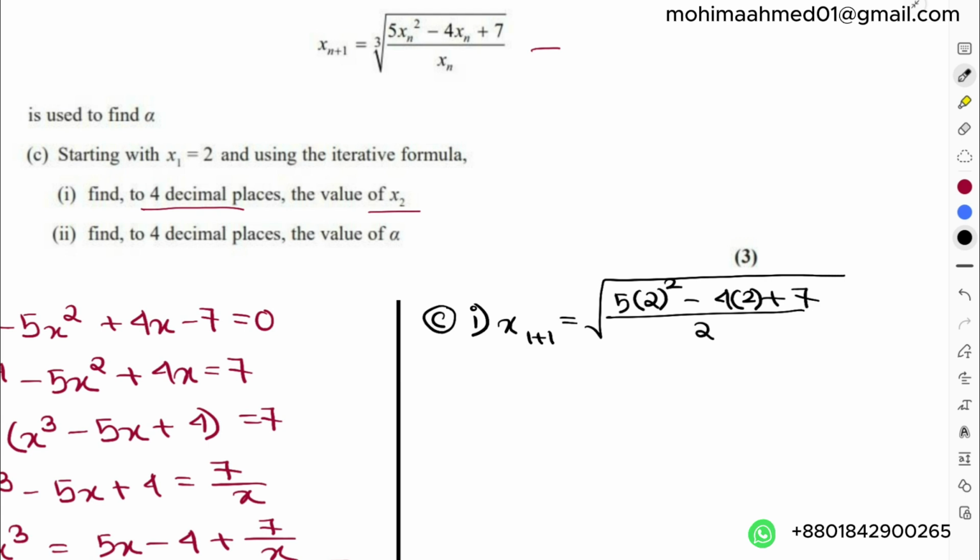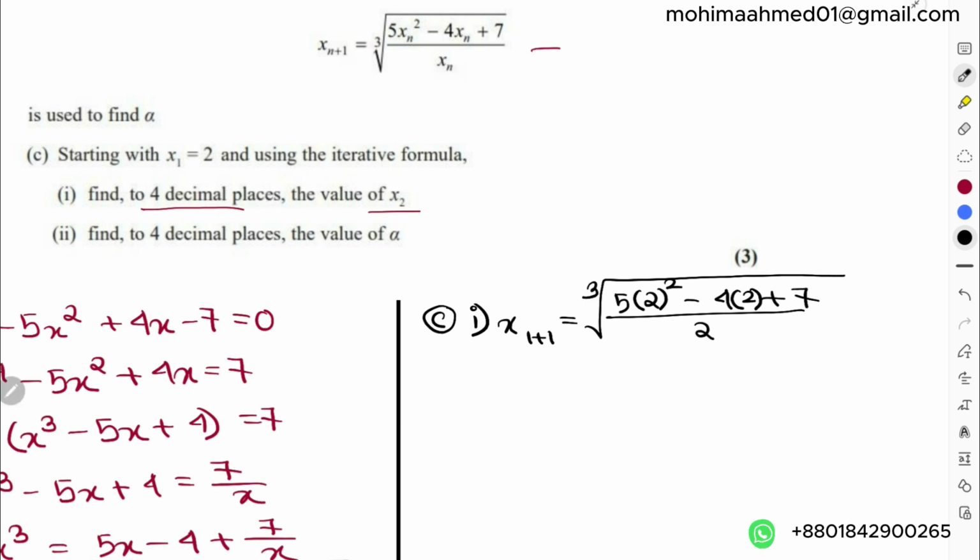That gives you 3.0822. Okay, I'm making a mistake, one minute. 5 times 2 squared minus 4 times 2 plus 7 divided by 2, under the root. Oh, sorry, this is a cube root.